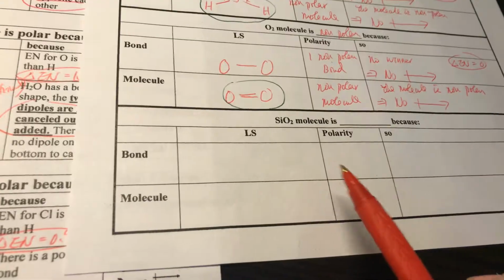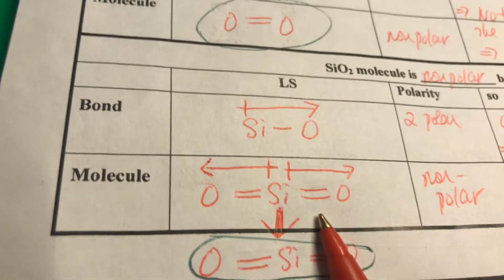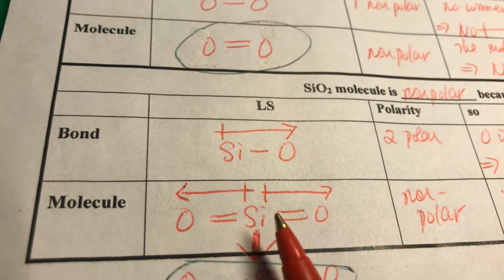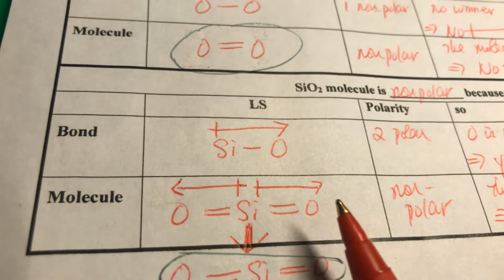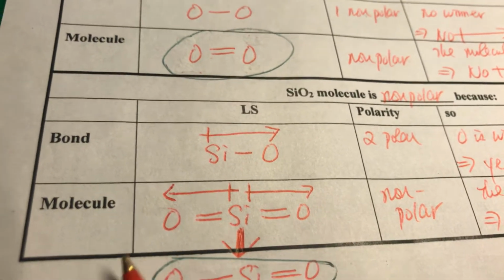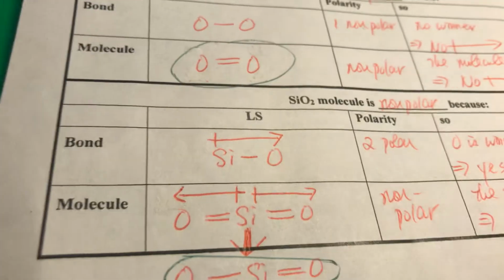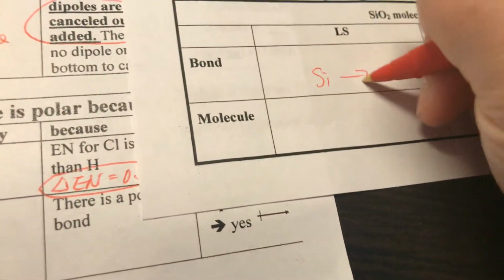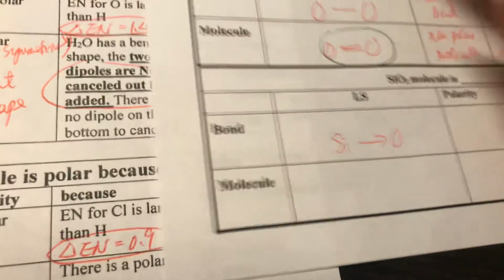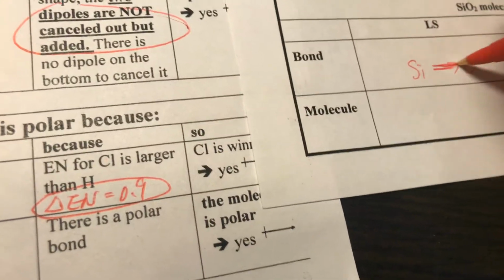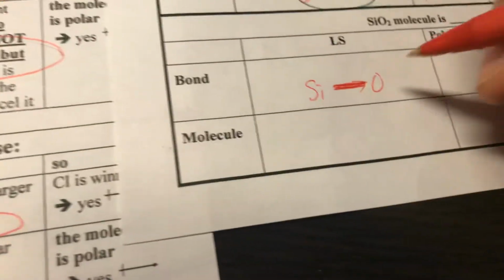And finally, SiO2. If you draw the SiO2 Lewis structure, you'll find out the molecule looks like that. I have two bonds, O and Si, and then the other one also O and Si. I don't draw any bond between O and O. I'm sorry, this should be just a single line, okay?